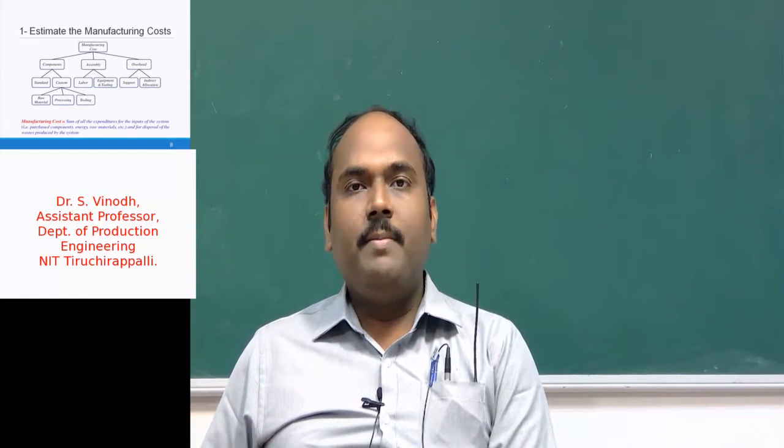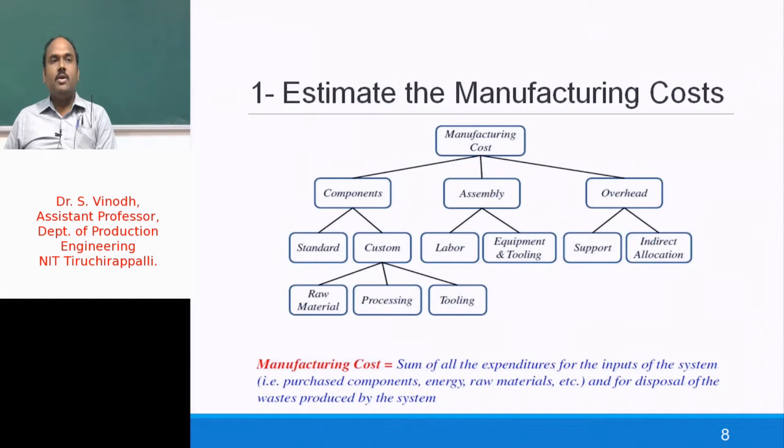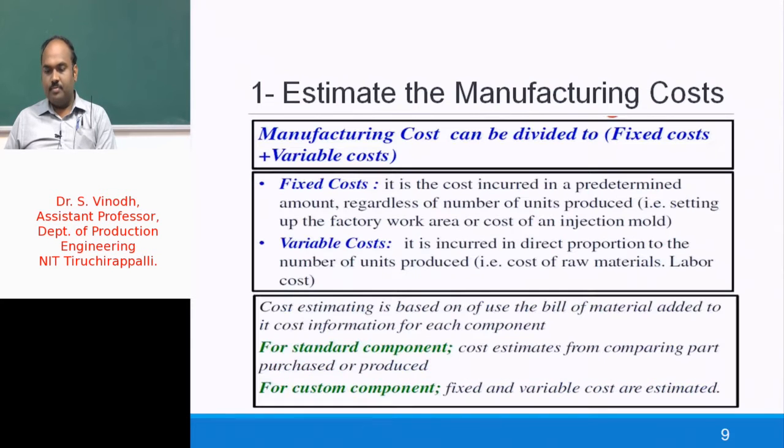So, when we look at the manufacturing cost, it includes the cost estimation at the component level. There are certain standard and custom parts, and at assembly level we have labor, the equipment and tooling cost elements. Then we do have certain overhead costs. So manufacturing cost implies the sum of all the costs required for processing the products.